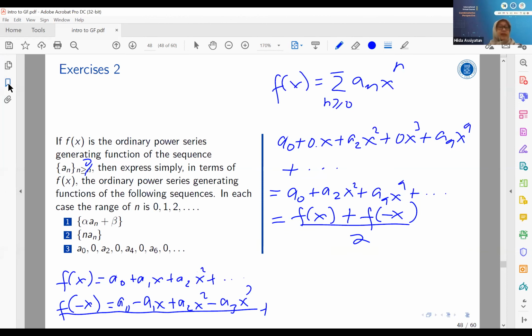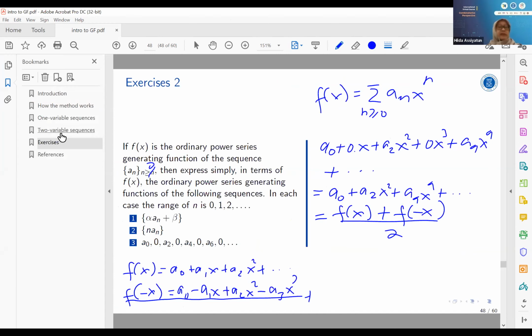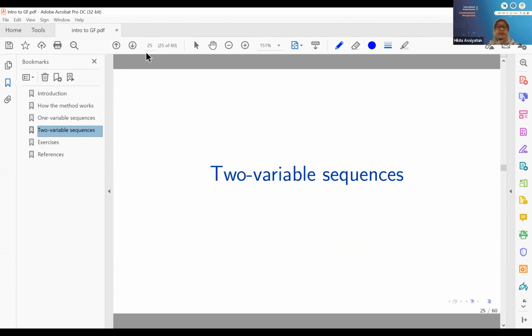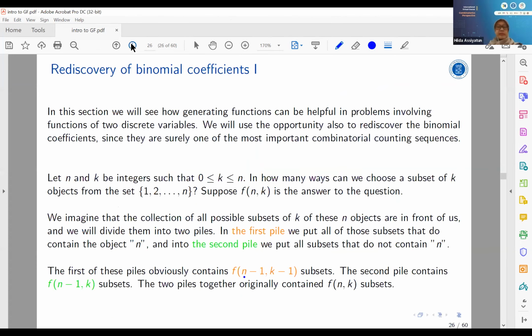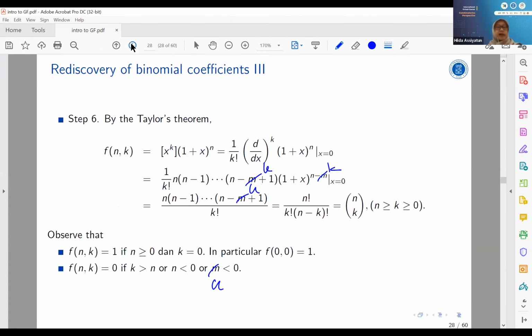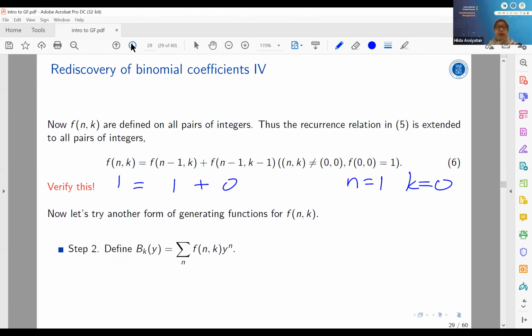Now let's go back to two variable sequences. Here we discovered binomial coefficients.